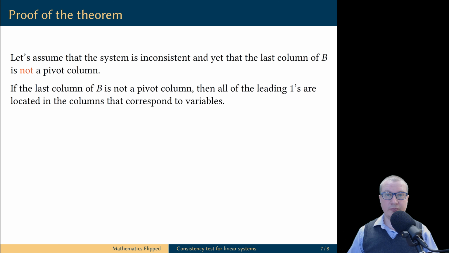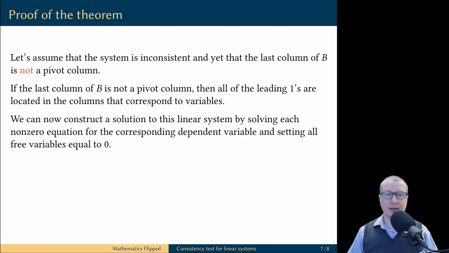If the last column of B is not a pivot column, it means all leading ones are located in the columns that correspond to the variables. Remember, in the augmented matrix, the last column corresponds to the vector of constants, but all the previous columns correspond to variables. But if all leading ones correspond to variables, then we can actually construct an explicit solution to this linear system.